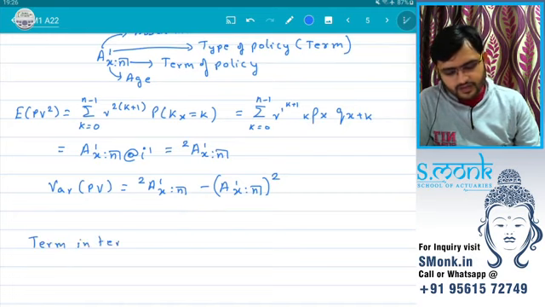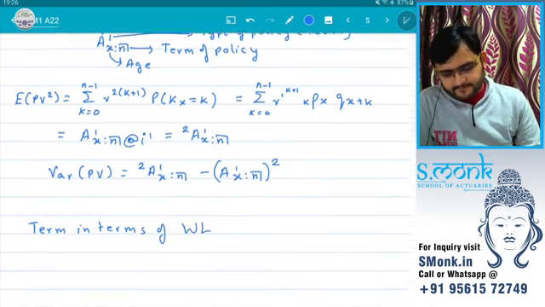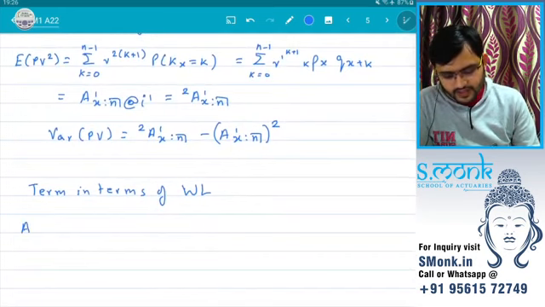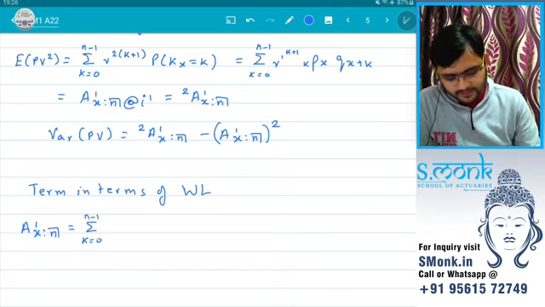Term in terms of whole life. Now we know our A x dash n is summation k equals 0 to n minus 1, v raised to k plus 1 into probability K_x is equal to k.